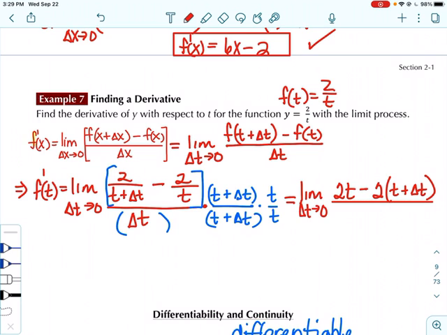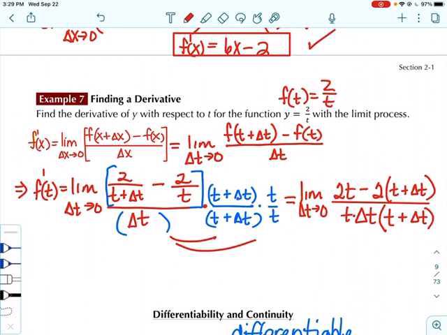That's all going to be over t delta t. I'm going to multiply these denominators together, but I'm not going to distribute them. Everything starts to look like t's or pluses, so I want to be careful. So I have t times delta t times the quantity t plus delta t. Okay, so it's t times delta t there.